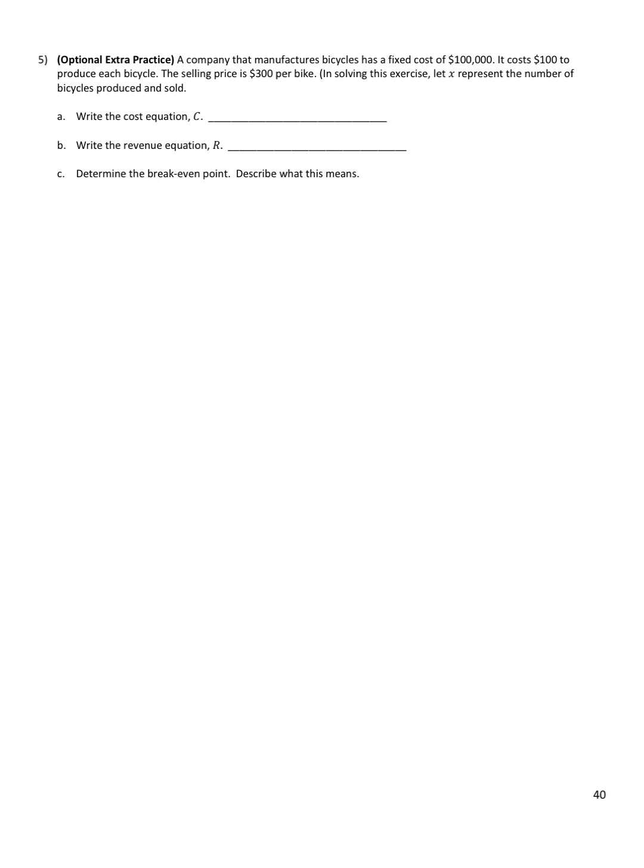So cost is going to be $100,000, our fixed cost, plus $100 per bicycle. And our revenue is $300 for every bicycle, so 300 times X. The break-even point, I should have said, is when cost equals revenue.